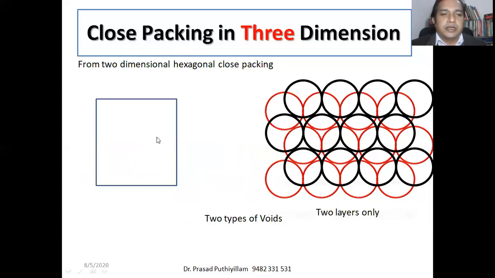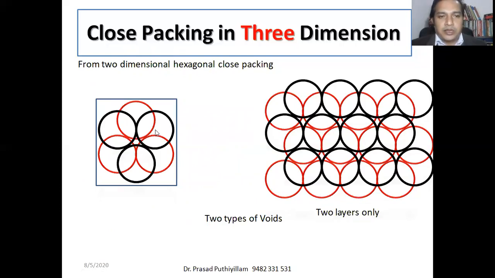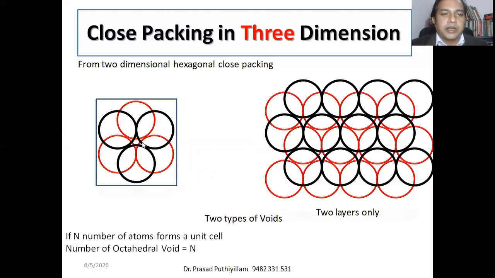We'll see it here in detail. So 3 and another 3 are arranged, and here it becomes an octahedral void. This is the shape of O, so it is easy to remember: when the shape of O comes, we can call it an octahedral void.